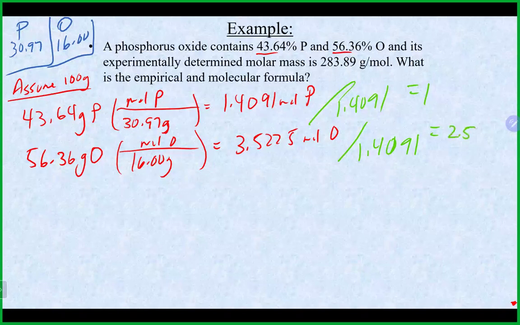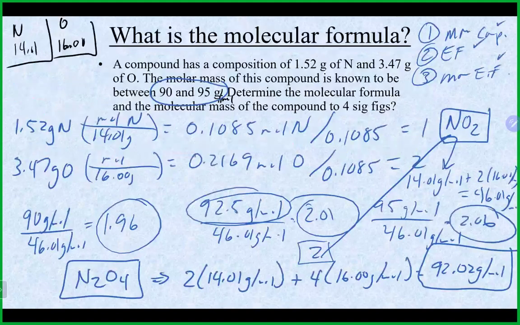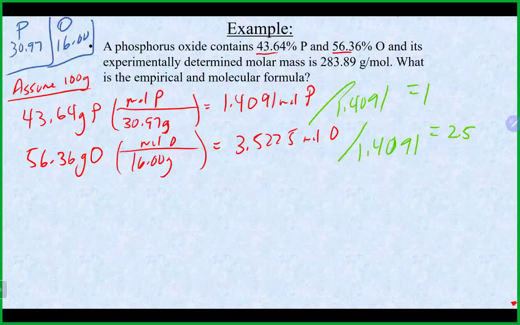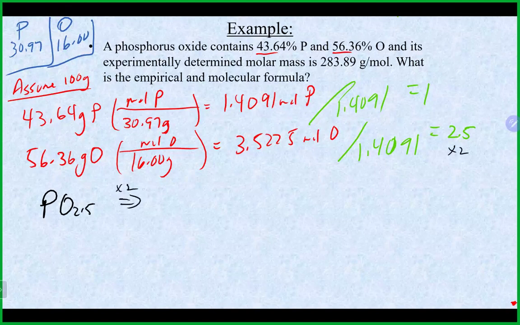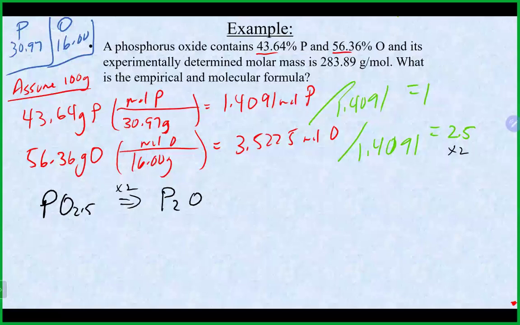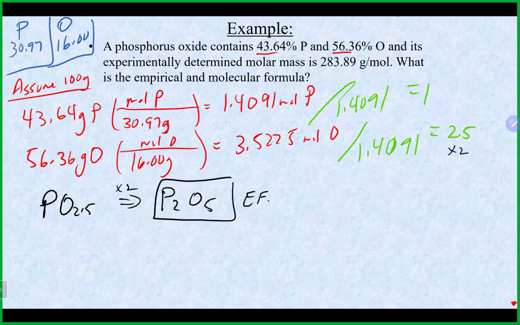So clearly that's not good, as we can't have a decimal there. So we have PO2.5. Obviously, if we multiply that by 2, that's going to clear our guy into a whole number, which will then basically give us P2O5 as our empirical formula in this case.